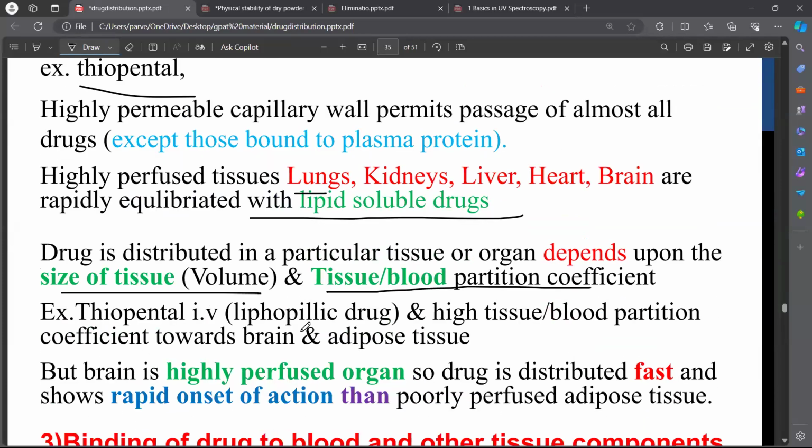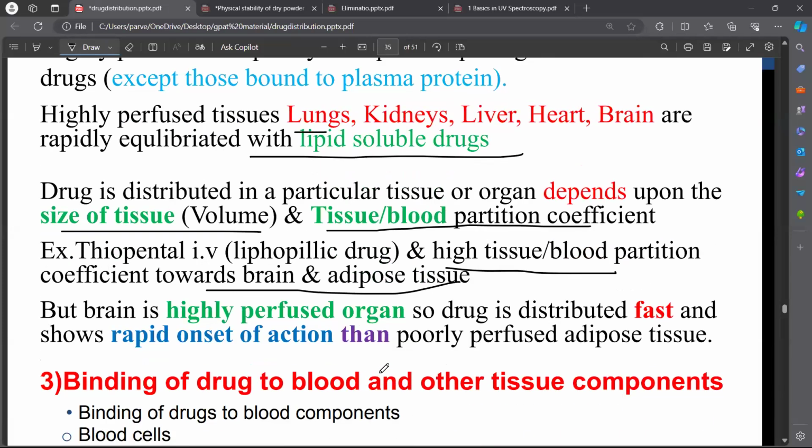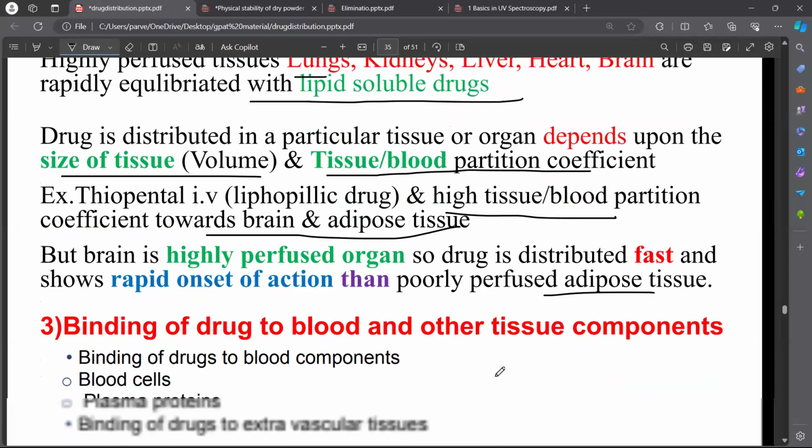For example, thiopental, a lipophilic drug, has a high tissue blood partition coefficient towards the brain and adipose tissue, so it accumulates more in the brain and adipose tissue. Since the brain is a highly perfused organ, the drug is distributed fast and shows rapid onset of action in the brain, and a later onset of action in the adipose tissue.